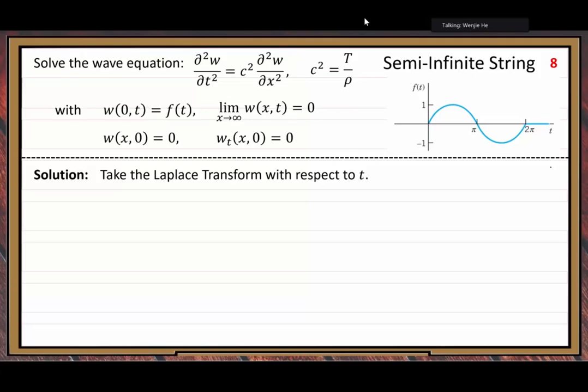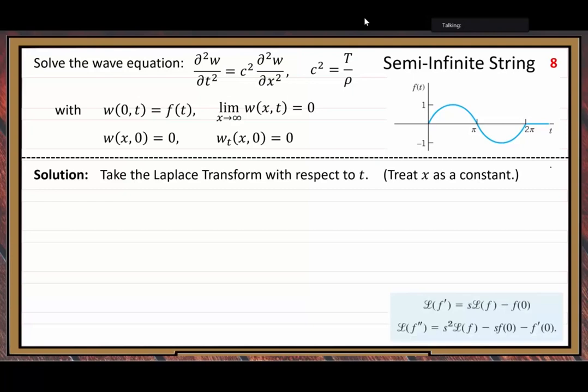When we work on t, we treat x as a constant. And we need to use these two formulas. Here, for the second derivative, we need to use the second formula.